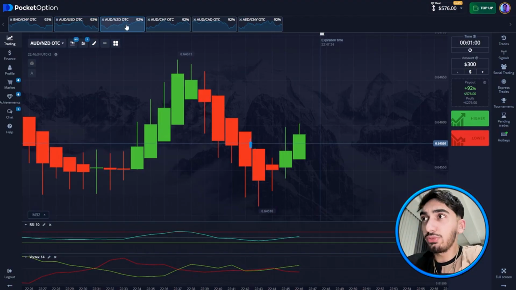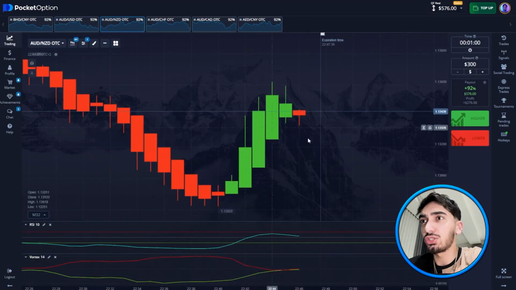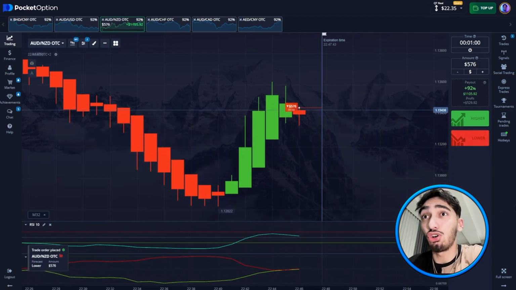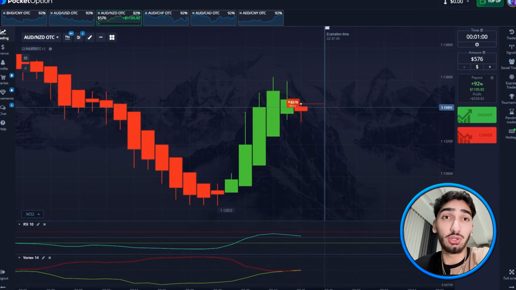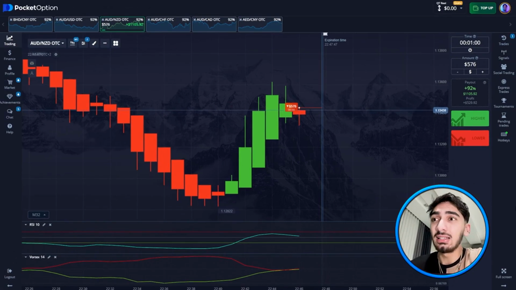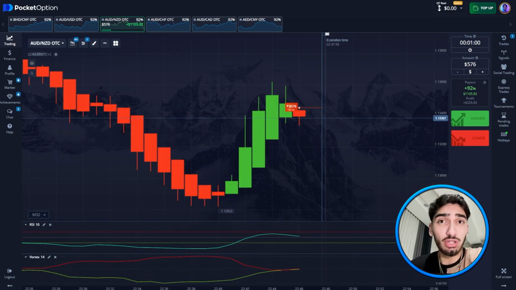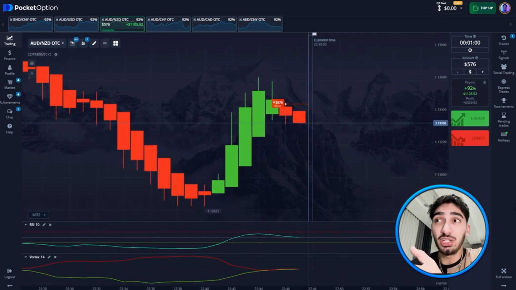Right now I would love to move to the Australian dollar and New Zealand dollar pair. Let me first of all put in 576, because I'm going all in, and I'm going for short, guys. The explanation for that is quite easy: if we take a look at the RSI, we can see that we have been in the overbought zone, and right now is the moment that we can use.